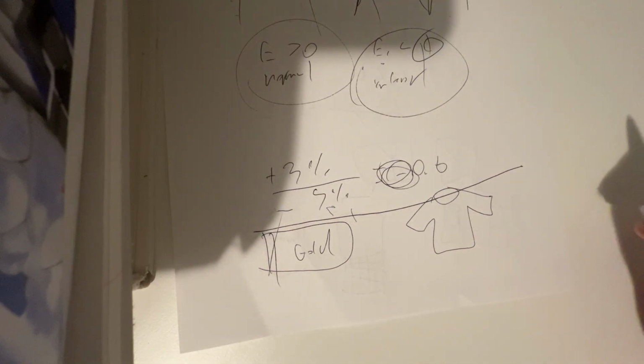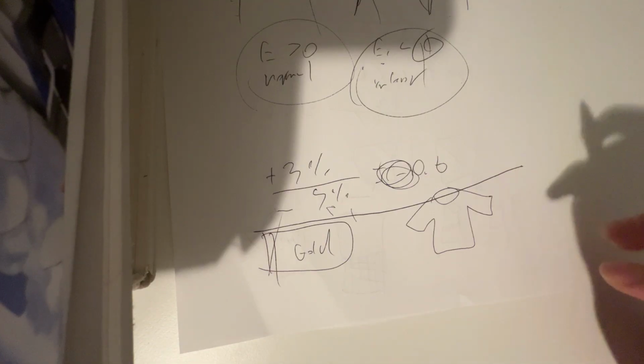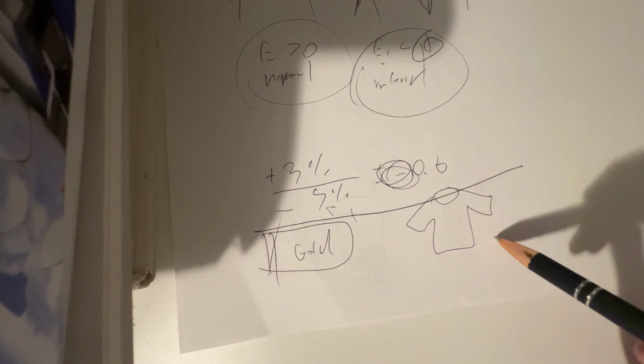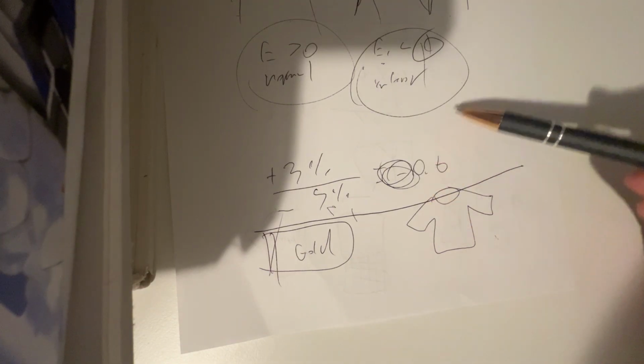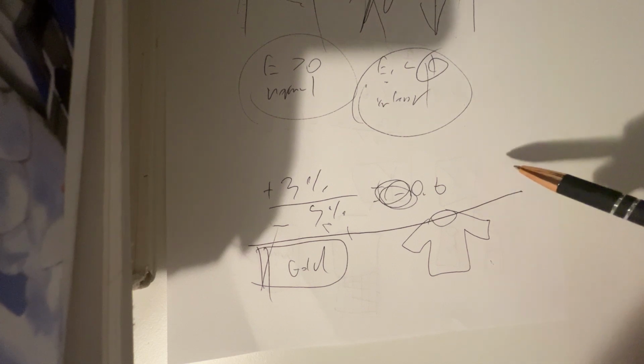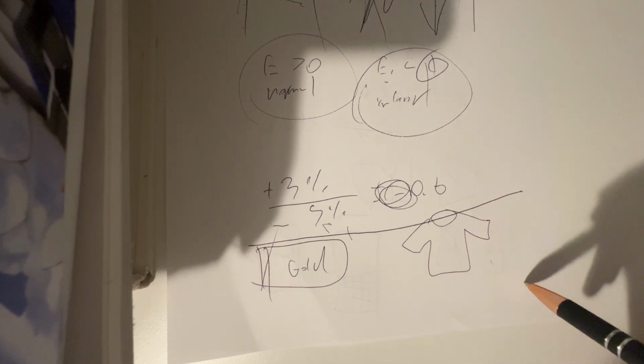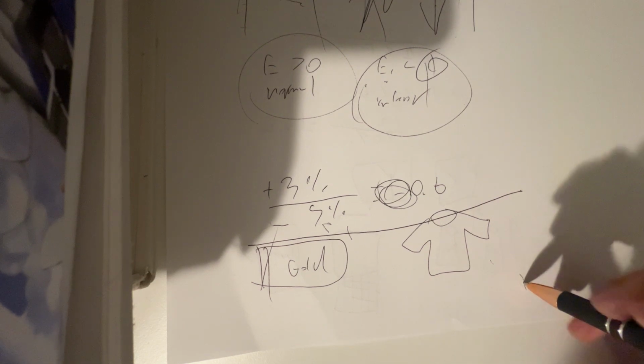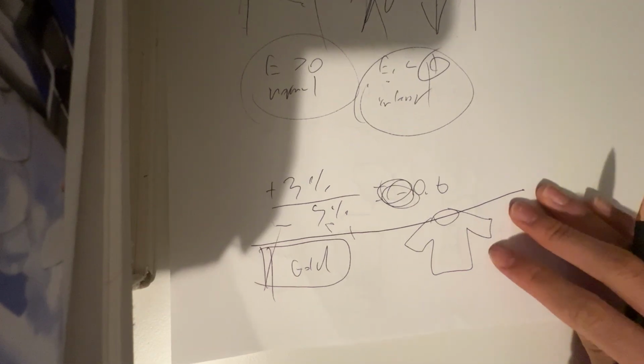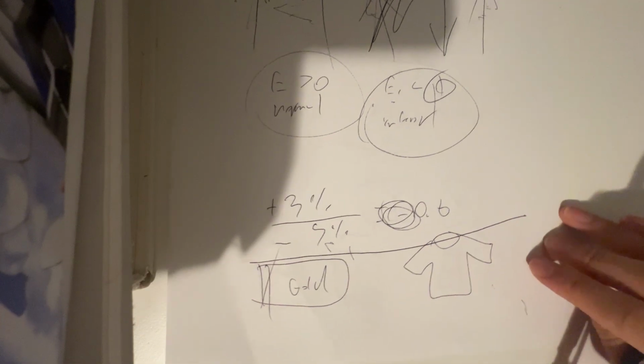Elasticity of supply measures how sensitive the quantity supplied is to a change in the price. The main factor of this is the time period it takes to produce it, so how responsive these factories can be.